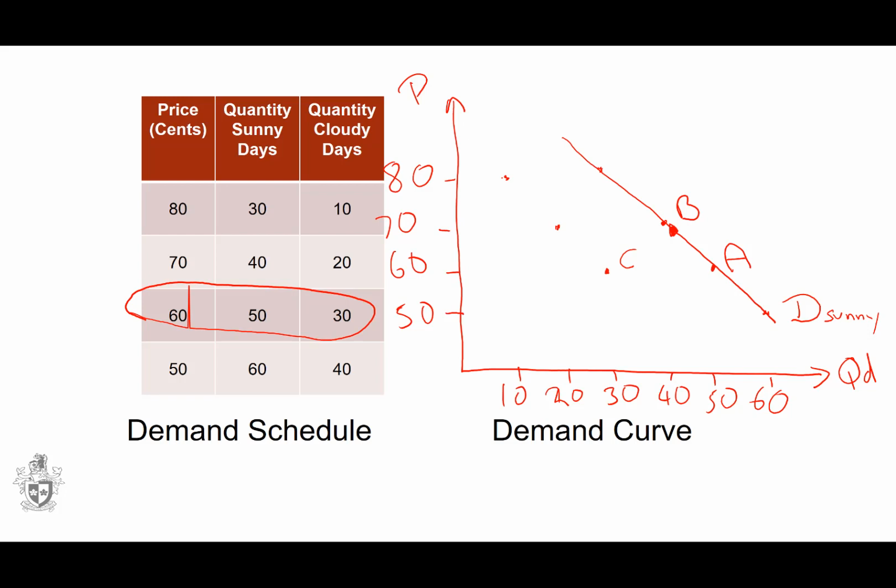And at 50, the quantity demanded is 40. And we can join the dots of this new curve. And that's demand when it's overcast. So the point A to B is a move along the curve. But when we go from A to C, because it's now an overcast day, we call this a shift.